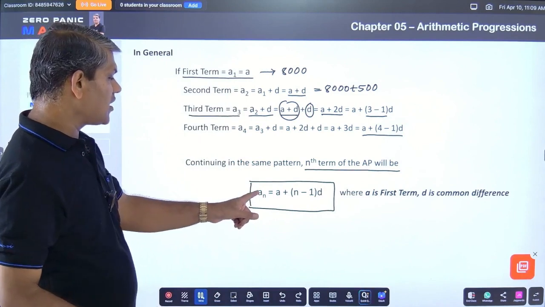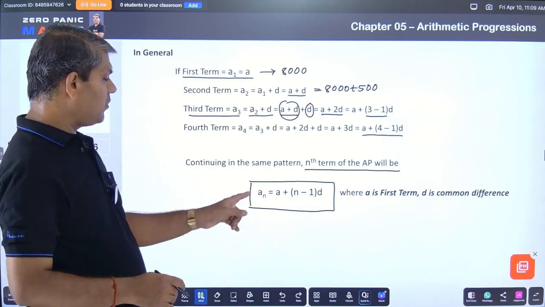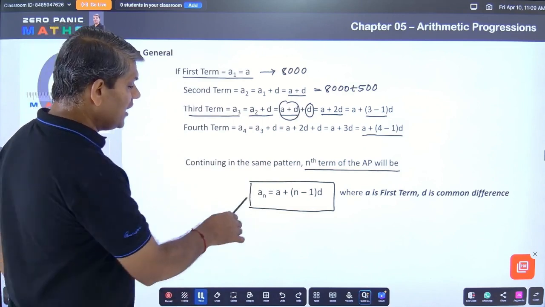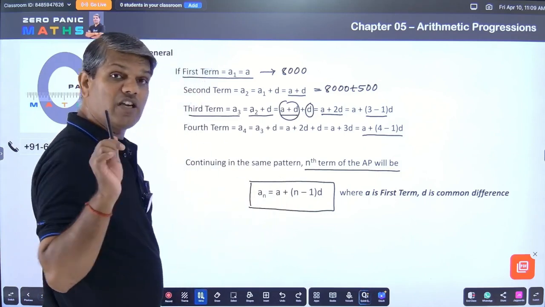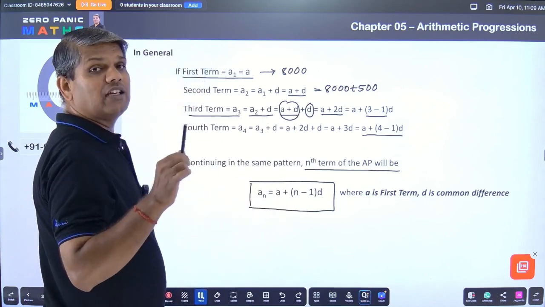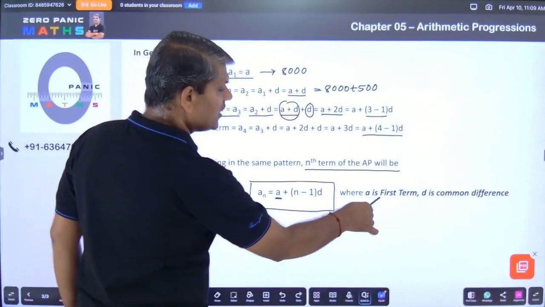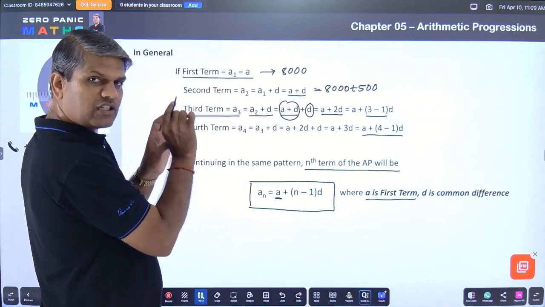The nth term is represented by an. So if it is the 10th term, it will be a10. If it is the 20th term, it will be a20. Here n is the number that represents which term you have to find, and a is the first term of an arithmetic progression, always the very first term.